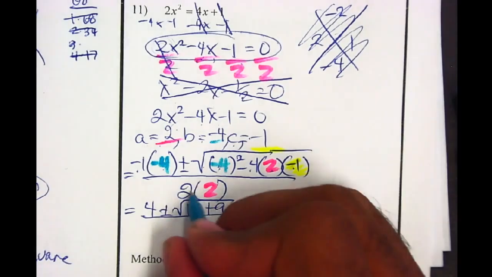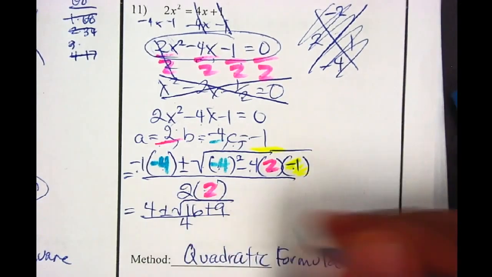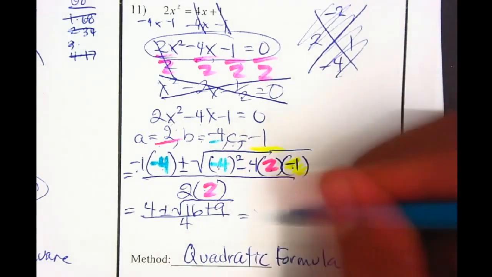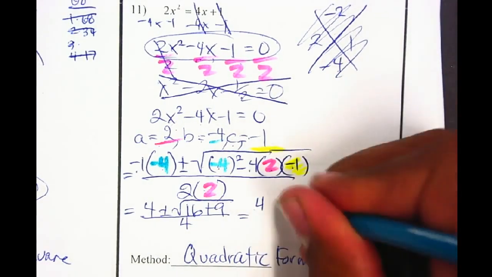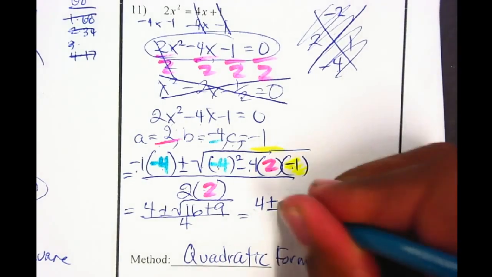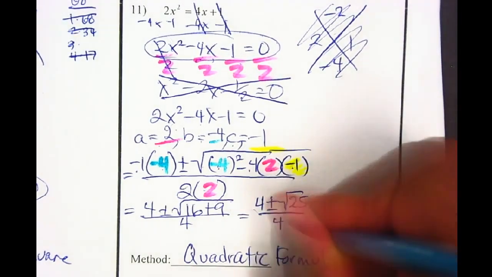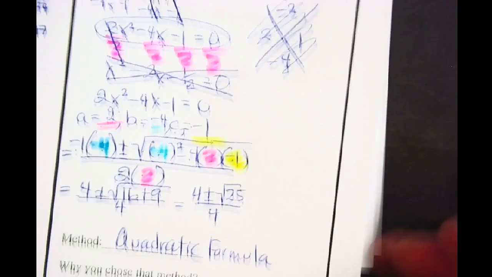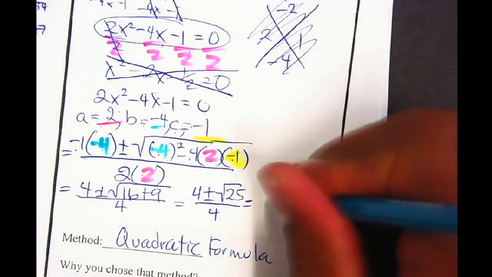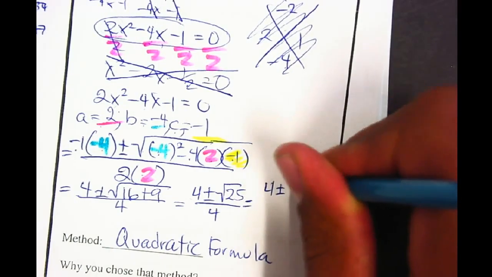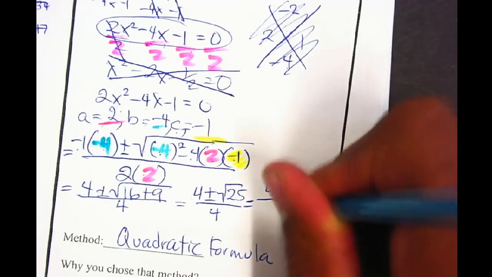And then all over 2 times 2, which is 4. Okay, so now that equals 4 plus and minus the square root of 25, 16 plus 9, over 4. Which again, we could do the square root of 25. So now that's plus and minus 5.